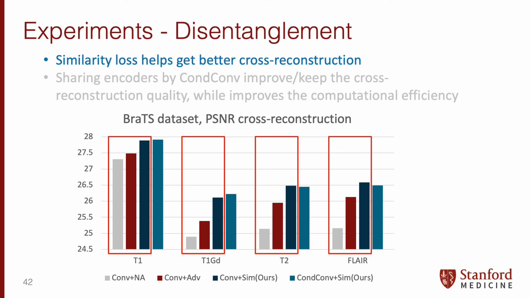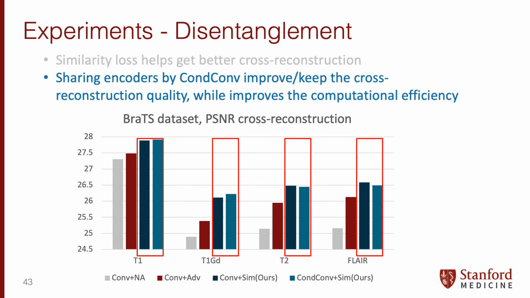We further show the quantitative result of cross-reconstruction on BraTS dataset, measured by PSNR. In the red boxes, we can see the proposed similarity loss helps to get better cross-reconstruction quality than competing methods on all 4 modalities. We also highlight that using conditional convolution can achieve similar or better quality than using the traditional convolution.